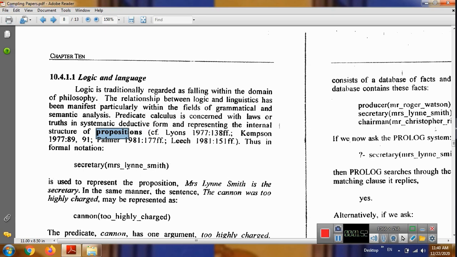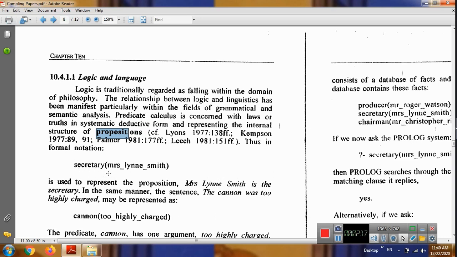We want to see how we can represent it in corpus linguistics by computer. We use the proposition instead of the sentence. It is the raw form of the sentence which exists in our mind.